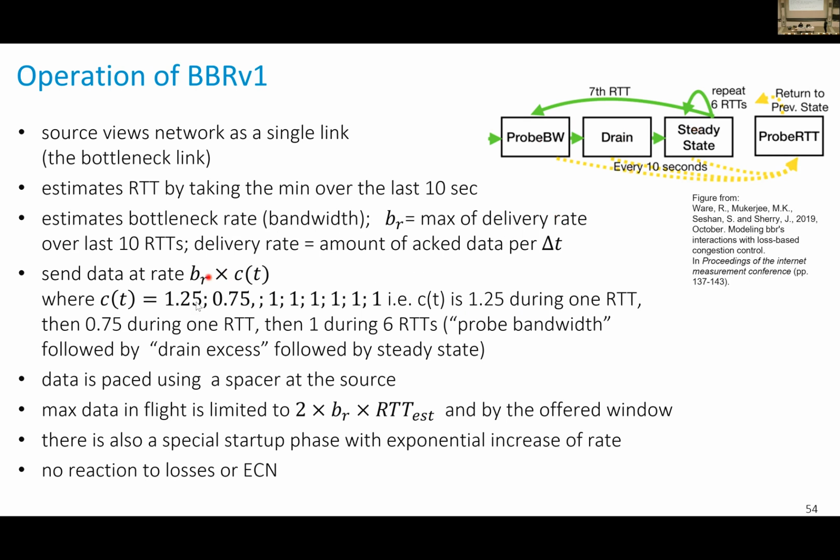So probe bandwidth means I send at a rate. I have estimated some rate here. I will send at this rate plus 25%. I go 25% above, and the goal is to see whether by doing that I get more.